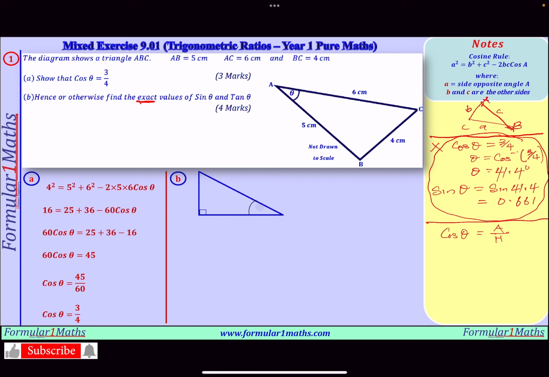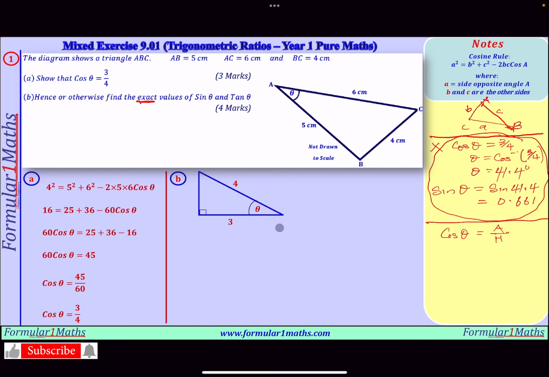If I put theta over here, then this becomes the adjacent side, and that becomes the hypotenuse. That means I can put 3 over here, the adjacent side, and then 4 over there, which is the hypotenuse, in accordance with the definition for cosine.